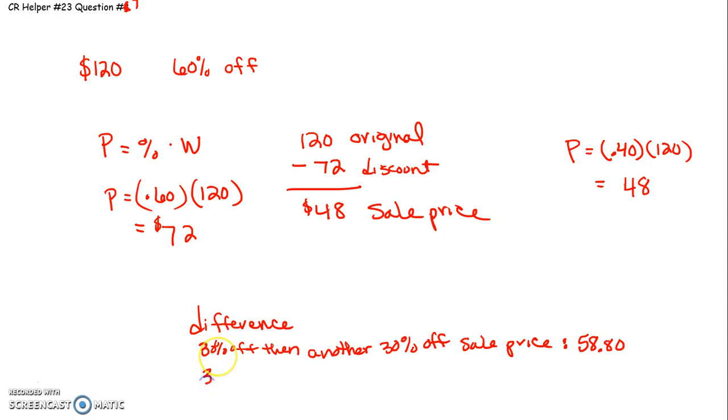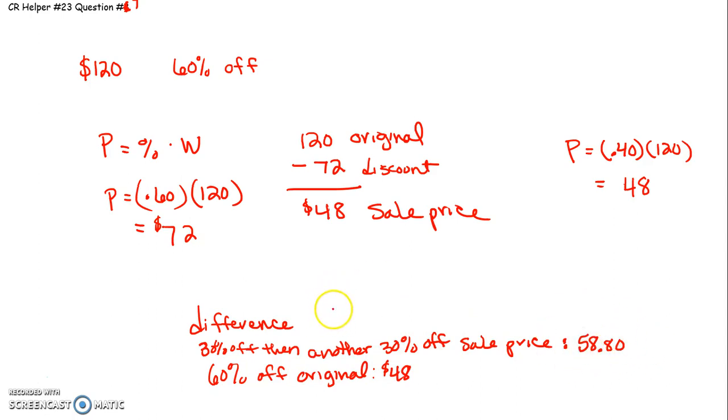If you took 60% off the original, this is a long video, you'd only be paying $48. So a lot of times that's why stores take a discount and then another discount off the sale price, because they're still making more money.